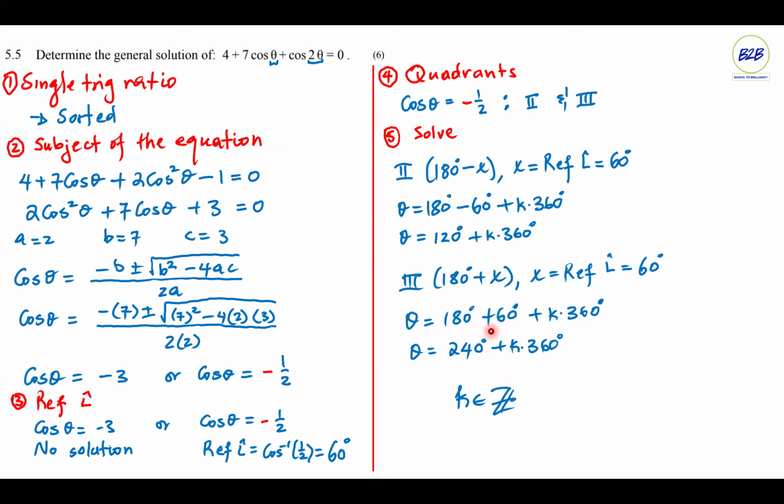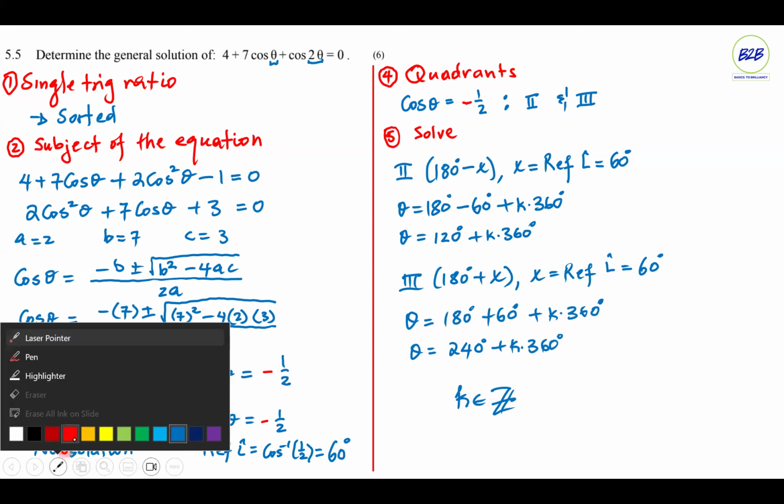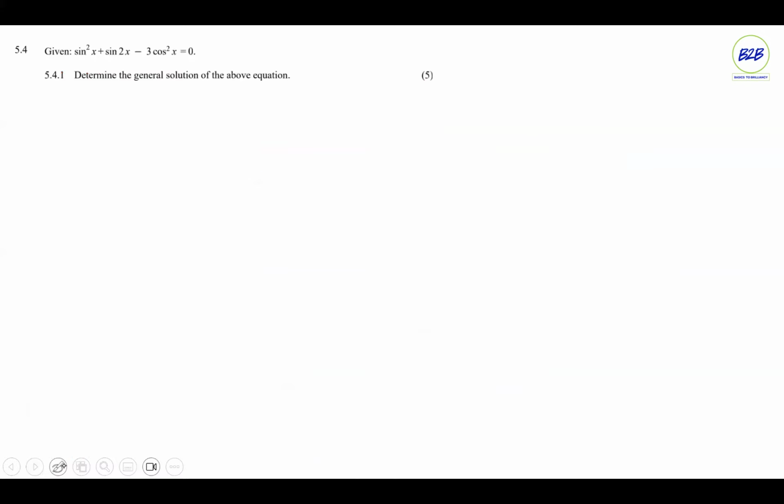Now we will move along into another question. In this question, we are given sine squared x plus sine 2x minus 3 cos squared x equal to 0.